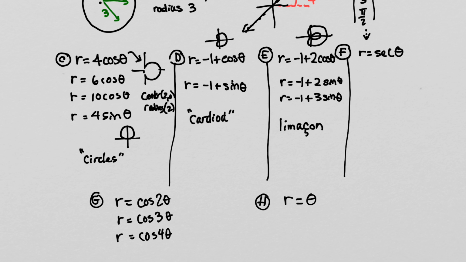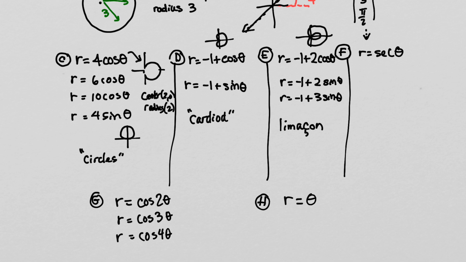What do you call that when you put the little thing underneath the C? Oh, you guys can't see this. I'm writing this over here. The second one was called a cardioid. The first one was a circle. Oh, I should be writing this down right here.